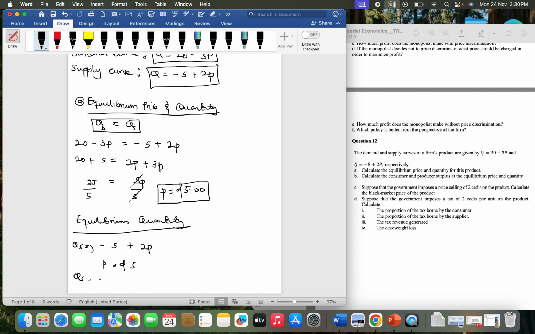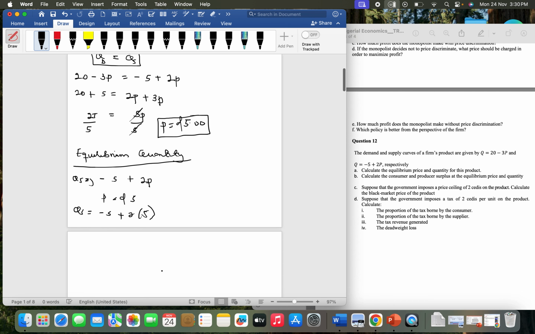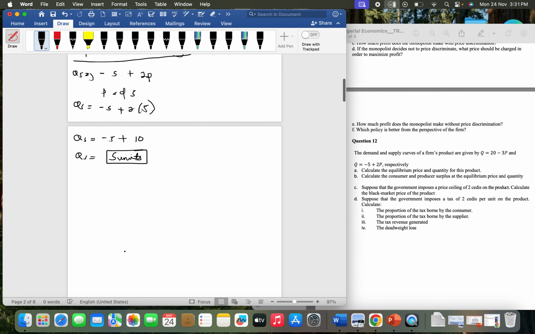So QS is equal to -5 + 2 times 5, because price in the question was given as 5. So QS is equal to -5 + 10, which gives us 5. So equilibrium quantity is also 5. You can bring the unit, or you can just write 5. So this is the A part of the question.